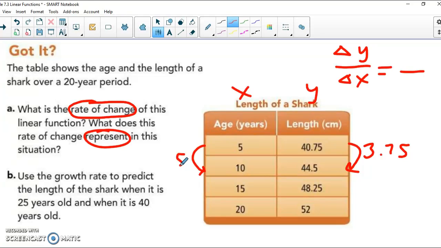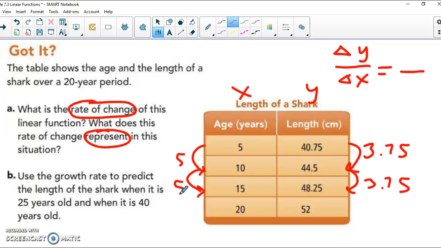So let's check out the next 2 points in our table. We have 48 25/100, which is an increase again of 3 7/5 from our previous point. Our x values also continue to increase by 5.